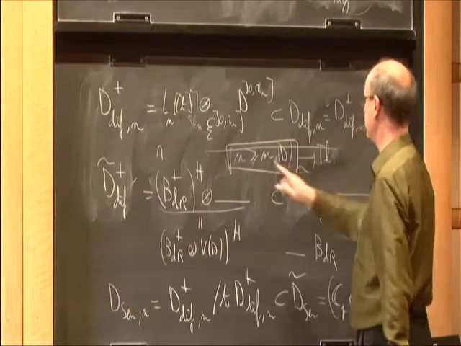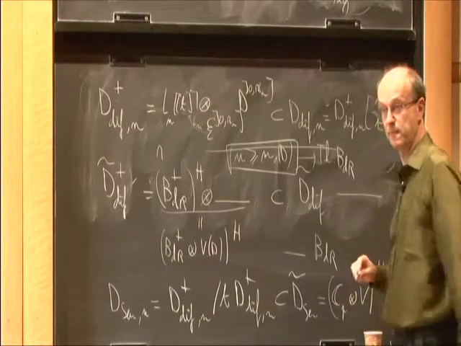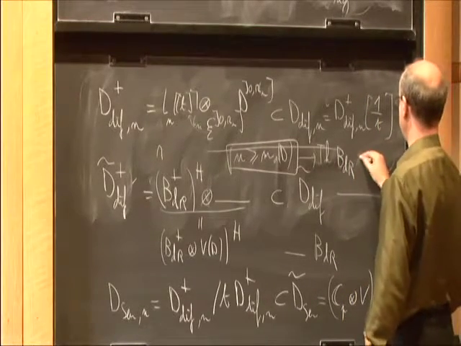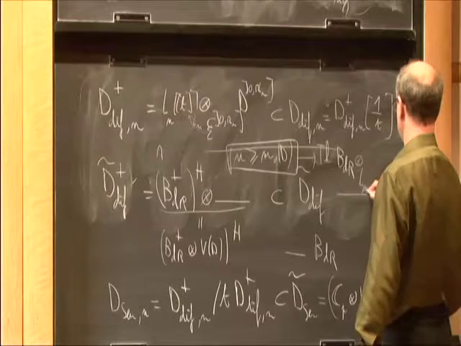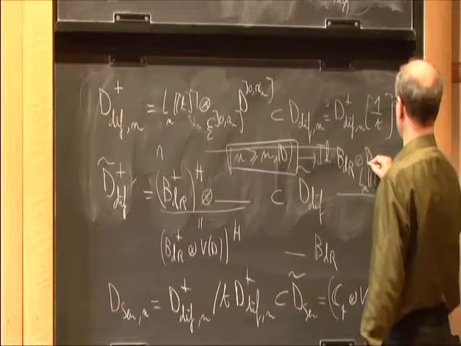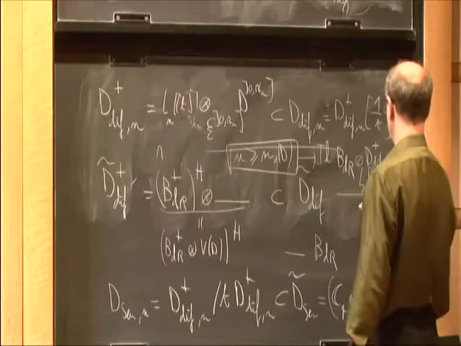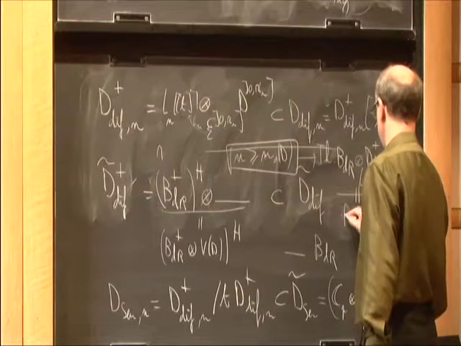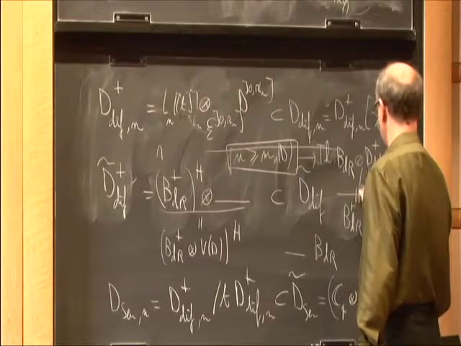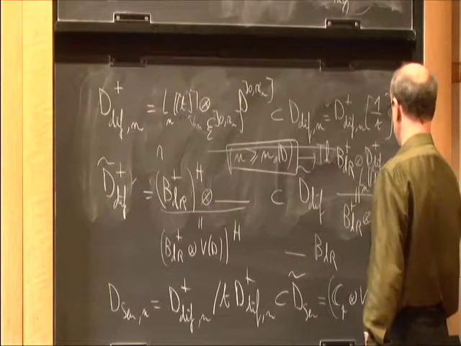If n is bigger than m(D), if you extend the scalar to B_dR, so you can go from B_dR to L_n((t)), D_diff,n^+. Then what you get is just B_dR^+, let's put B_dR^+ everywhere. It's B_dR^+ tensor V(D).